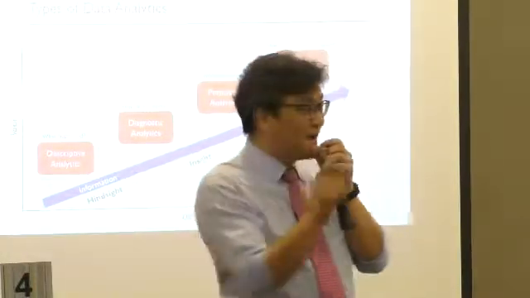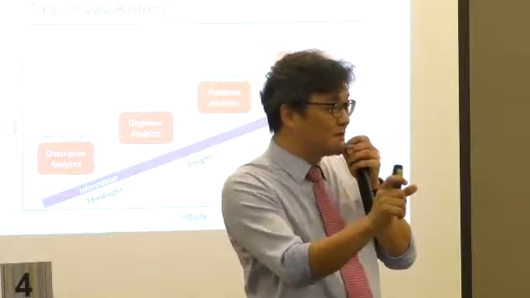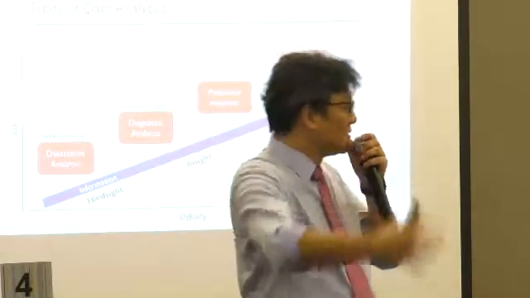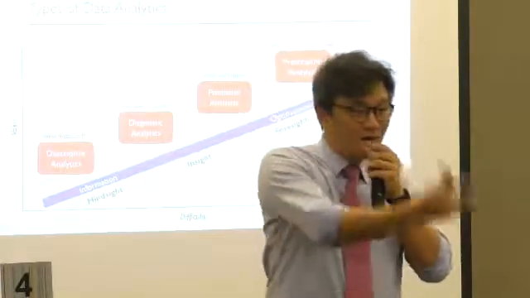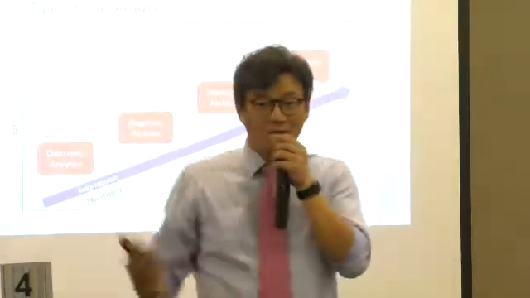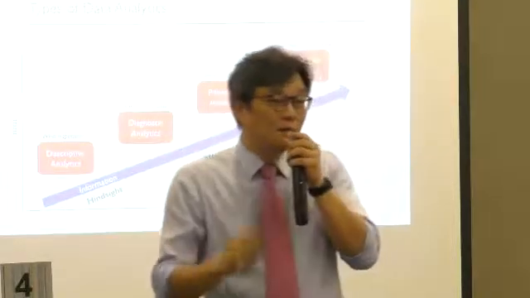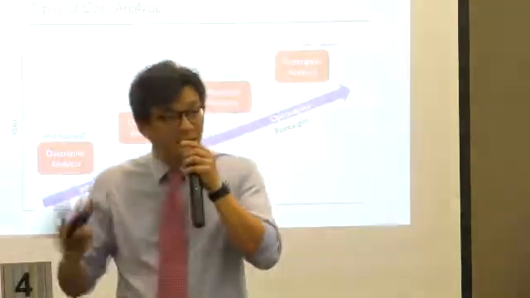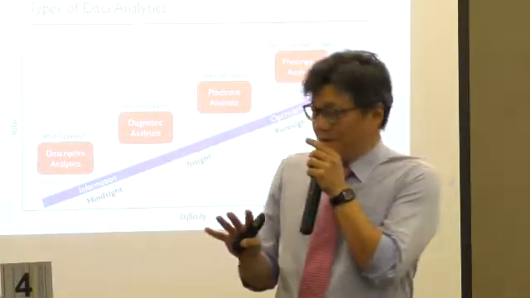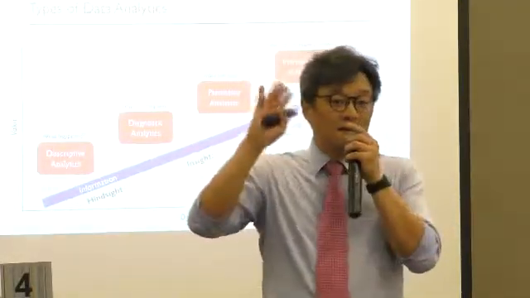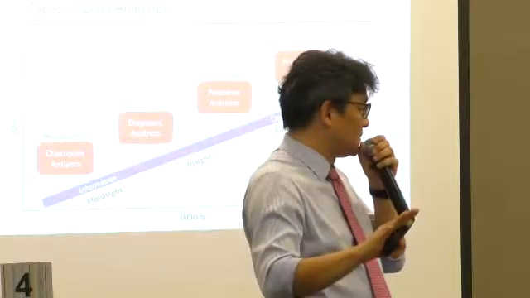If we have highly statistically significant relationships, then we have more confidence that this variable is actually associated with that variable. With predictive analytics, it's not really about the robustness of that relationship. It's more about the accuracy of the prediction.